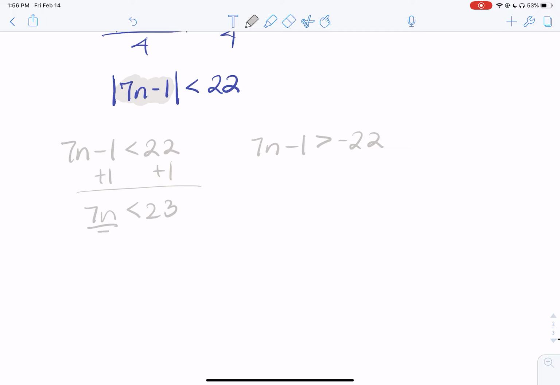We will then divide by 7, and the value of n would be less than 23 divided by 7. I'm going to leave it as a fraction, not write it as a decimal value. So now the one on the right, we would again add 1 to both sides, and we will get 7n is greater than -21. And dividing both sides by 7, the value of n would be greater than -3.